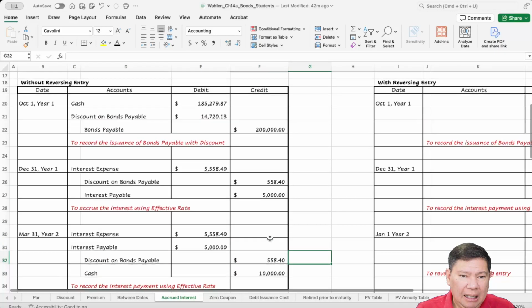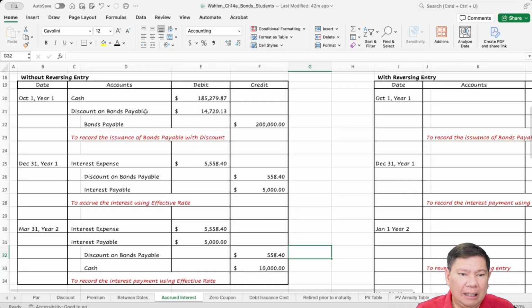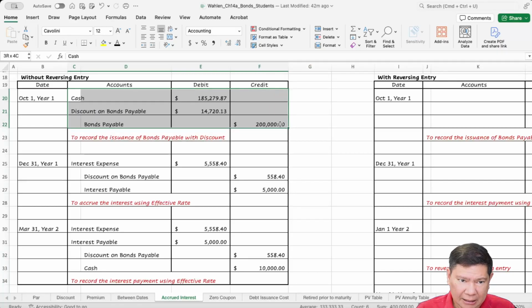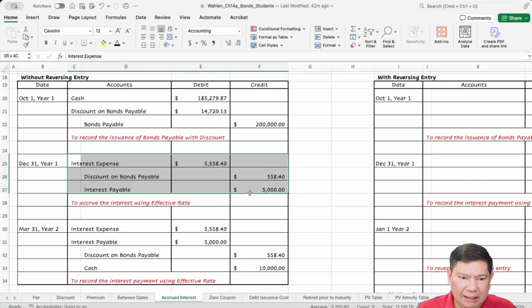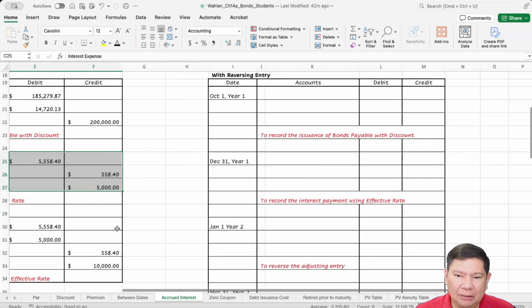bonds. Okay, now this is how we do it if we don't use reversing entries. Some companies reverse the entry, so they just reverse the adjustment on December 31st. So when they get to March 31st, they will just do a regular entry. So let's take a look.